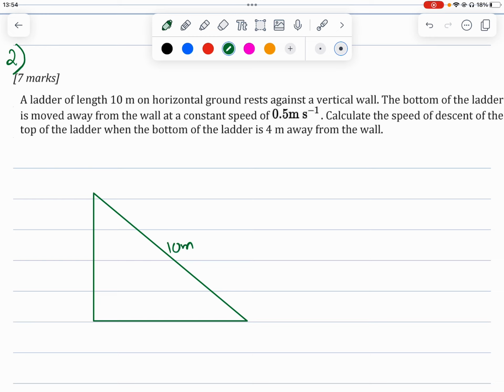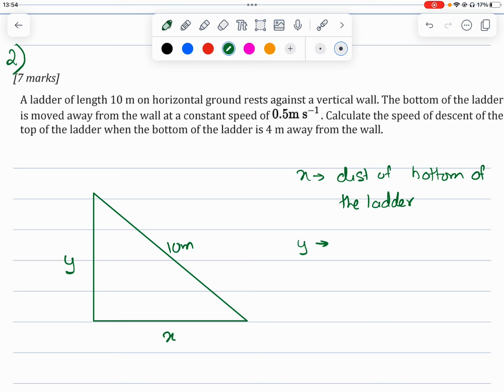So what are the variables over here? The variables are nothing but what? X, the distance of the foot of the ladder, and y, the height of the top of the ladder. So this is x and y. So x denotes the distance of the bottom of the ladder. And what does y denote?